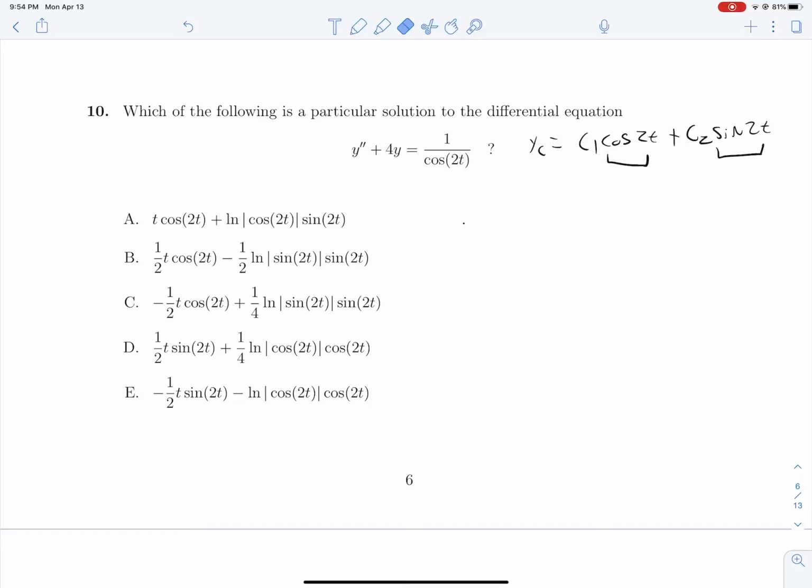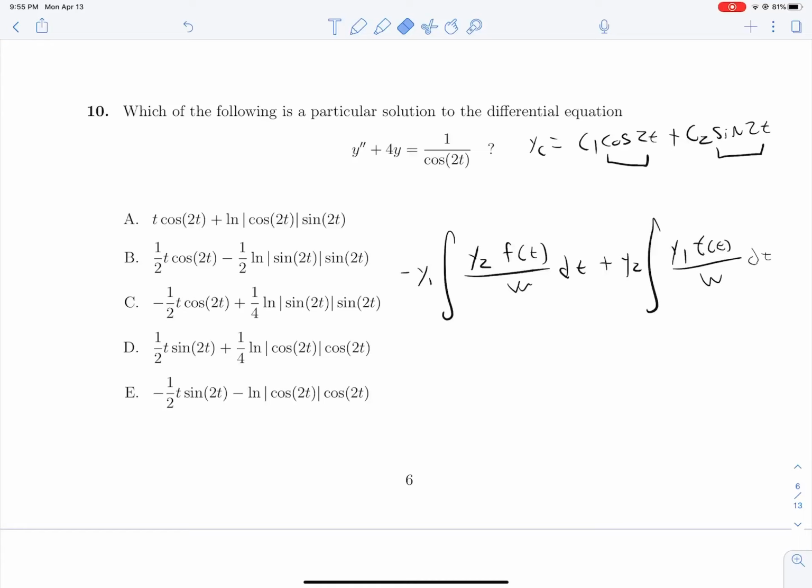And with that, since this is already in the form that we like to see with a coefficient of 1 on our y double prime, we can go ahead and apply our formula for variation of parameters, where we will have negative y1 times the integral of y2 f of t over w, the Wronskian, dt, plus y2 times the integral of y1 f of t over the Wronskian, dt.